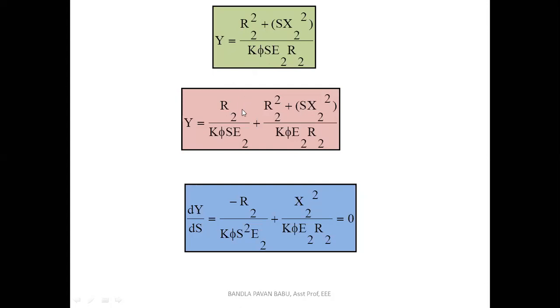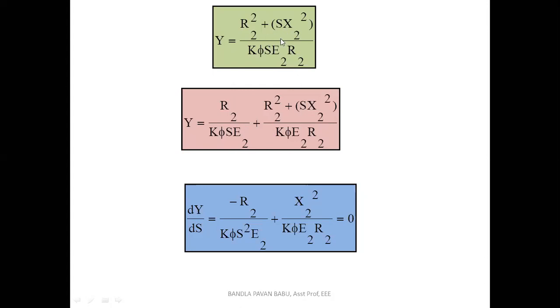So y equal to r2 square by k phi s into e2 into r2. In the numerator there exists r2 square and in the denominator there exists r2, and the final expression is r2 by k phi s into e2. So this is one part. Next, what about the second part?